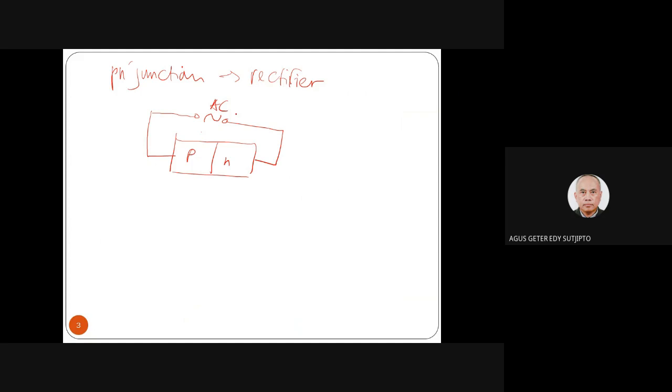So if we look at the voltage characteristic here, the alternating current is sinusoidal, for example, like this. This is the original source.